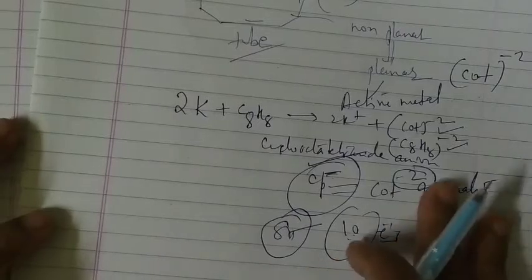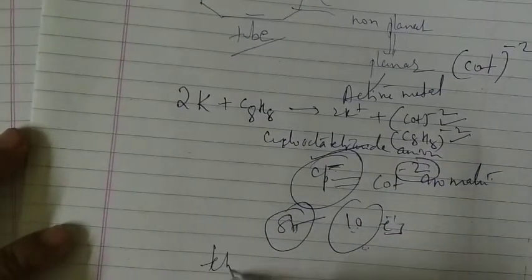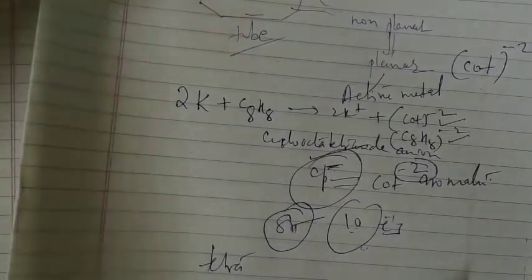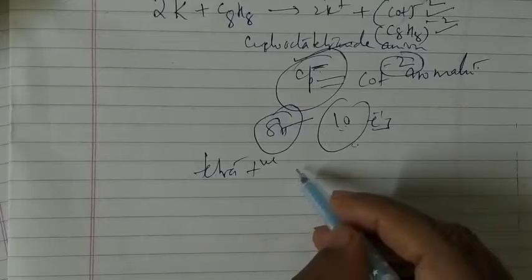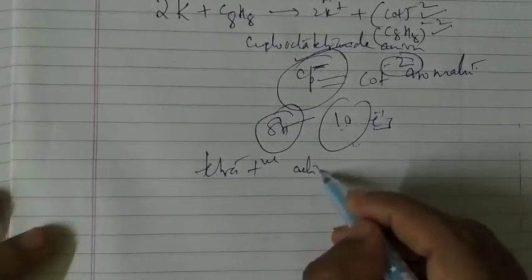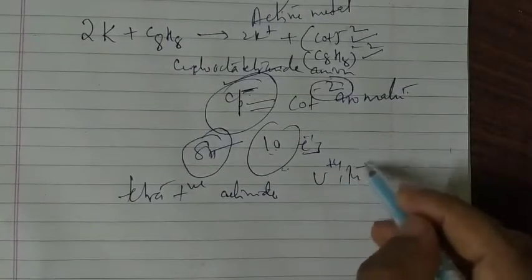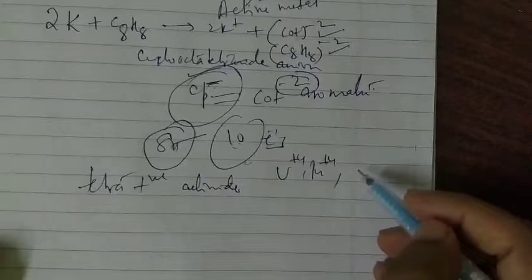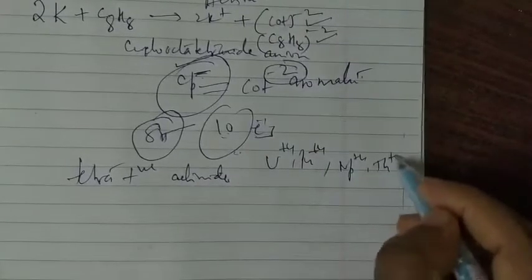And when this is allowed to react with tetra-positive cations, any of the actinides, like uranium plus 4, plutonium plus 4, neptunium plus 4, thorium plus 4, this way.